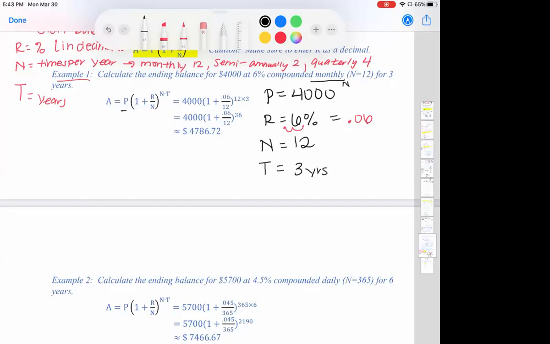P is 4,000, my 1 doesn't change, plus R is 0.06, my N is 12. We have monthly, so 12, and we have 3 years, so we have times 3. Simplify as much as you can, and then from here to here, it's just calculator work. Please practice using your calculator. Each calculator is different, so make sure you can get from that step to your very last answer.